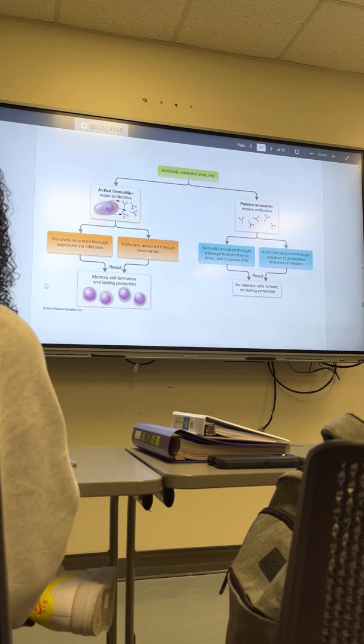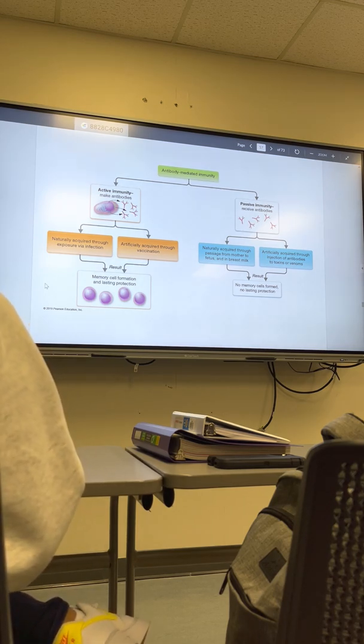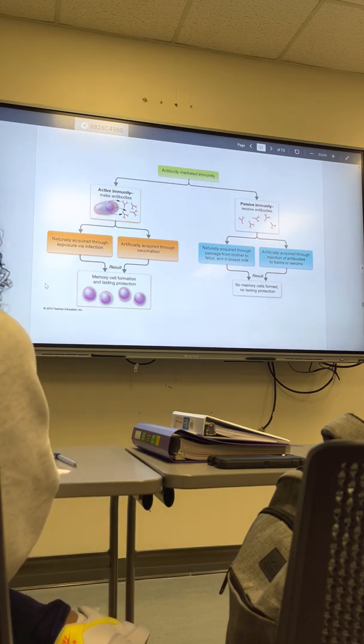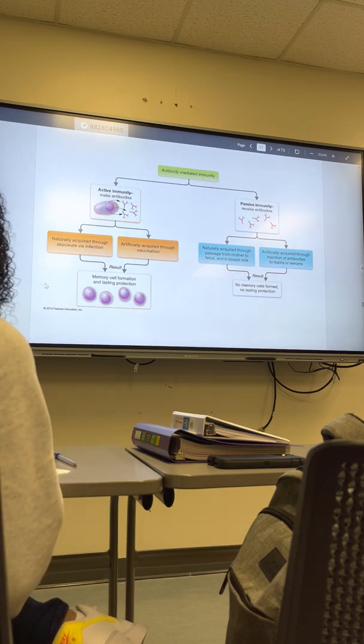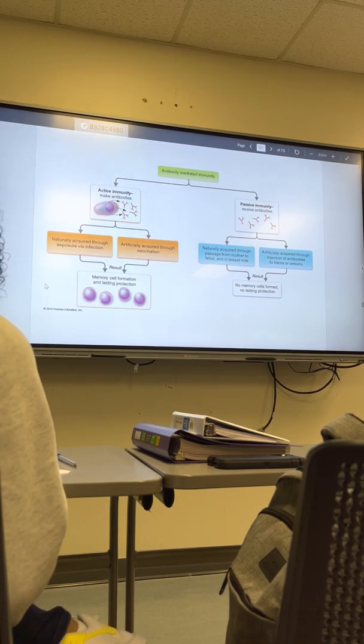Now, this is going to maybe sound a little weird here. When you get sick with something, a lot of the symptoms, and in many cases, the thing that causes death, are not the pathogens themselves. What often kills you is your body's attempt to rid itself of these pathogens.